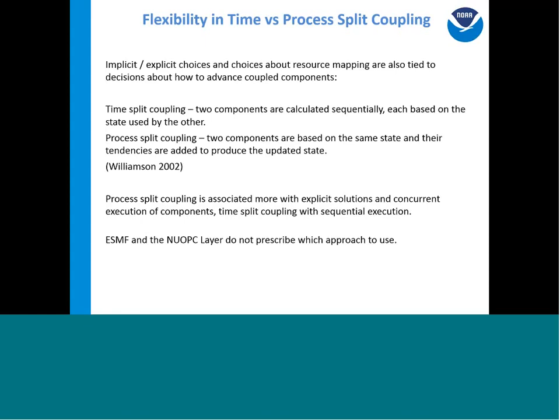So process split coupling is associated more with explicit solutions and concurrent execution of components, and time split coupling more with sequential execution, where you're using the output of one process to feed the other process. So ESMF and the NOAA layer don't prescribe which approach to use. Again, this is a science decision, but it's also a coupling decision.